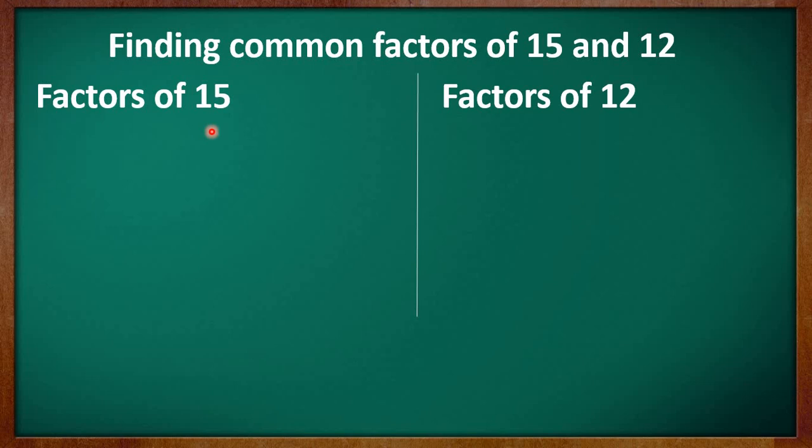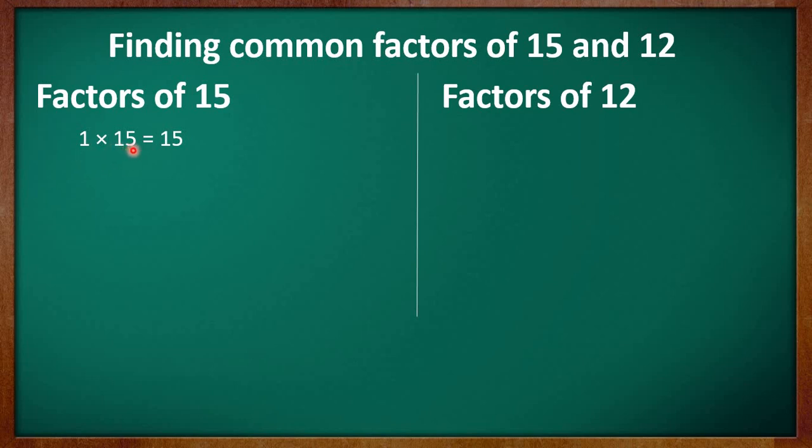And we also know that we always begin with 1 because 1 is the smallest factor of any number and 1 is a factor of every number. Kids, we also know that the greatest factor of any number is the number itself. So, we may say that the multiplication fact 1 multiplied by 15 is equal to 15 will give us two factors of 15, which are 1 and 15.